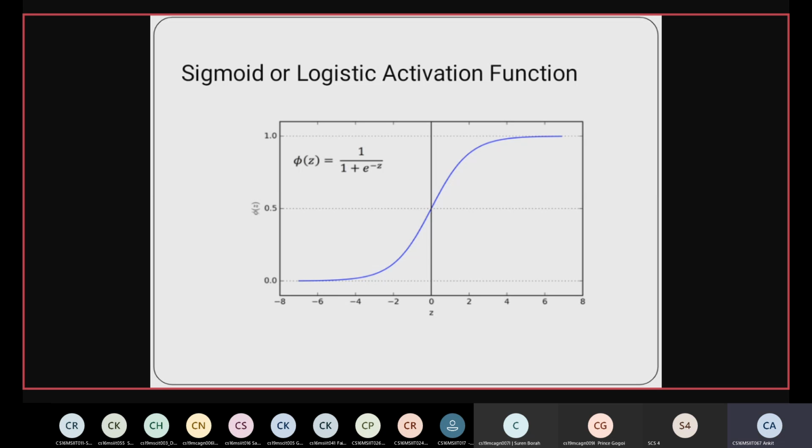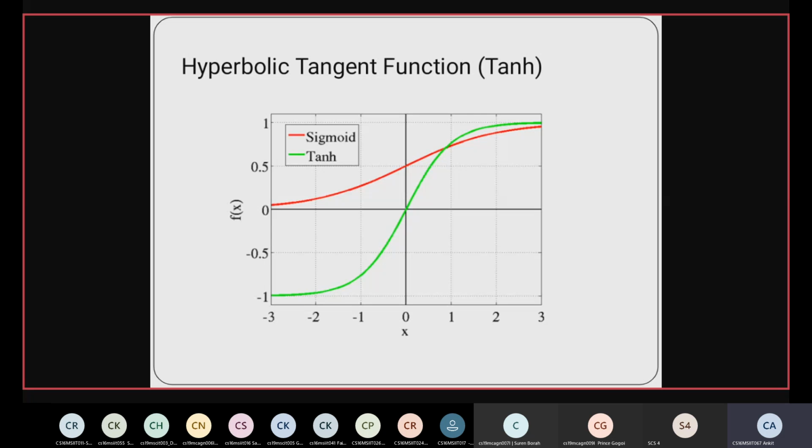To tackle this problem, there is one more activation function, the hyperbolic tangent function, which ranges from -1 to 1. It is similar to the logistic sigmoid, but still it has advantages.